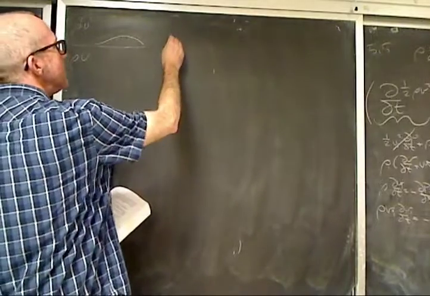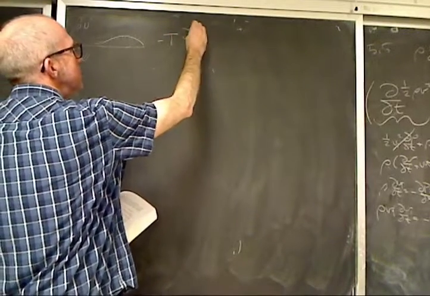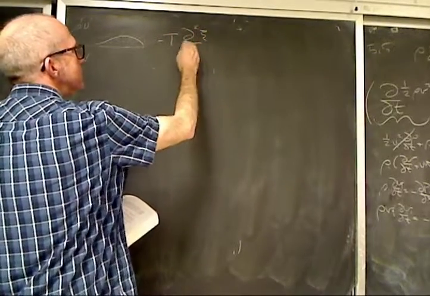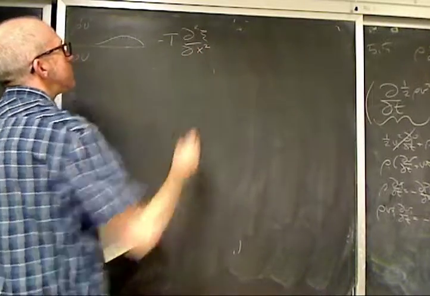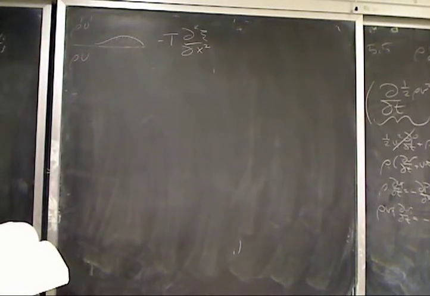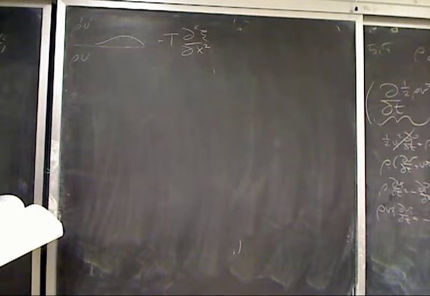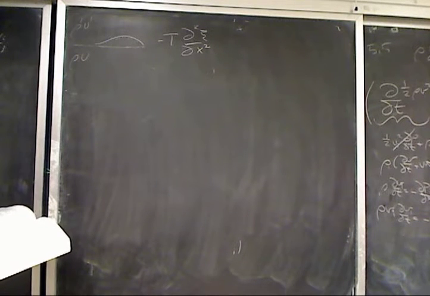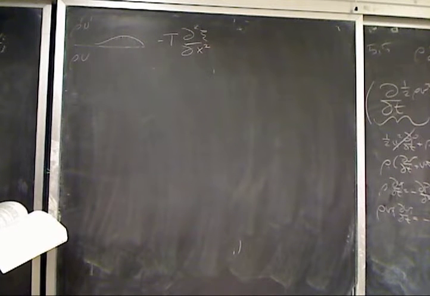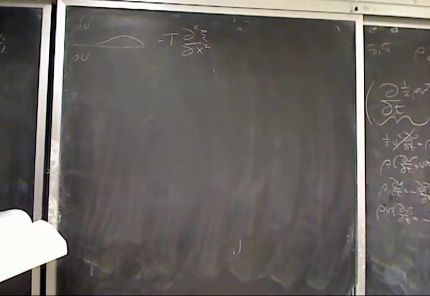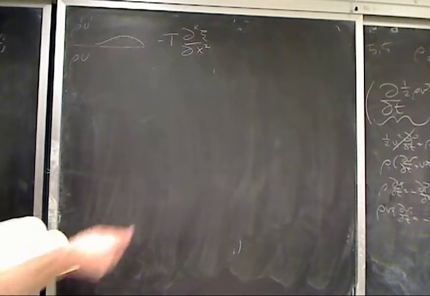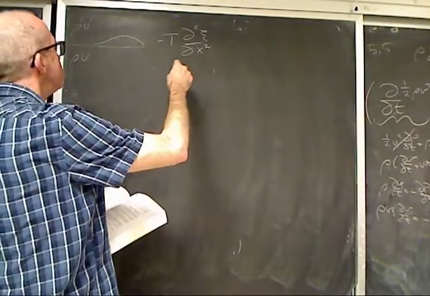So that goes like minus T times d squared zeta dx squared. And this behaves like a pressure. We're a force per unit volume, which is pressure. Pressure is just, well, no, pressure is an energy per unit volume. This is like a force. So this turns into a force like the pressure.